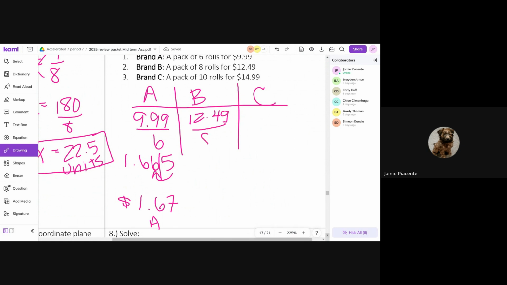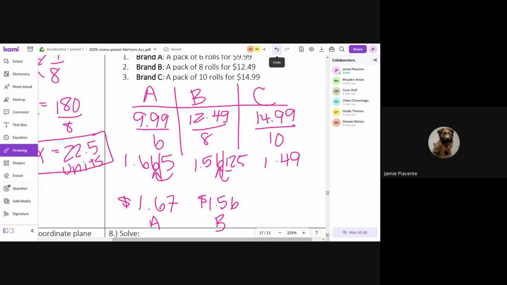Okay, B, 12.49 for 8. So 12.49 divided by 8 is, big one, 1.56125. That 1 keeps the 6 the same, so this is $1.56 for B. Now C is 14.99 divided by 10, which gives me 1.499.